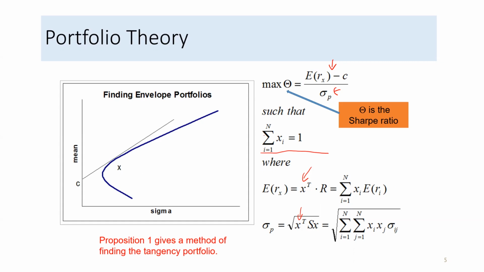So to solve for the objective function and the constraint, the economists got x equals S inverse times (E R minus C), divided by the sum of the numerator.